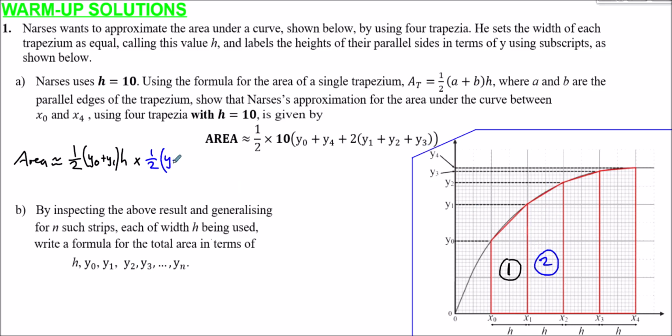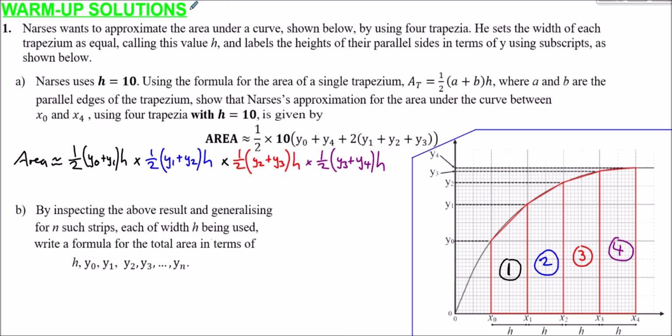So that's y1 plus y2 multiplied by the width. The next one, trapezium 3, that's going to be given by a half y2 plus y3 multiplied by h. And the last one, last but not least, trapezium 4, which I'm going to do in purple, would have an area of a half brackets y3 plus y4 multiplied by h.